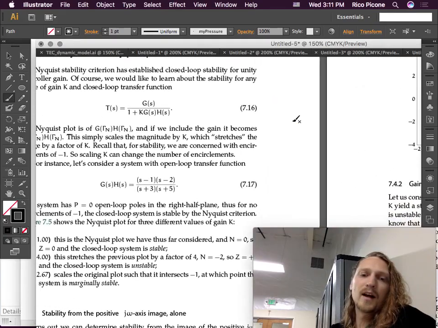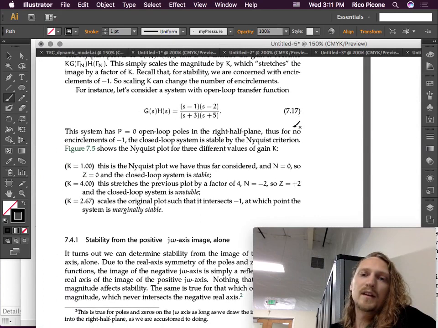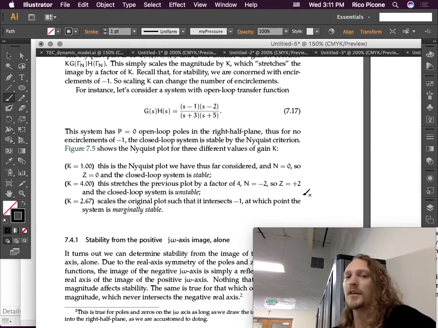Okay. So z is then equal to +2, and the closed loop system is unstable. So if you increase the gain high enough, your system actually goes unstable. If it's low enough, then it's stable.